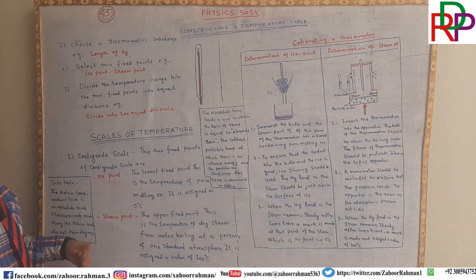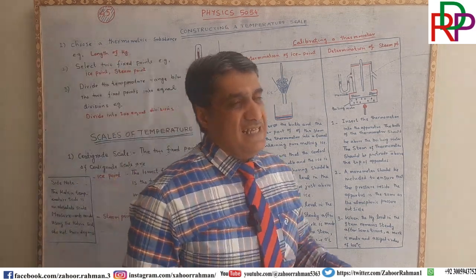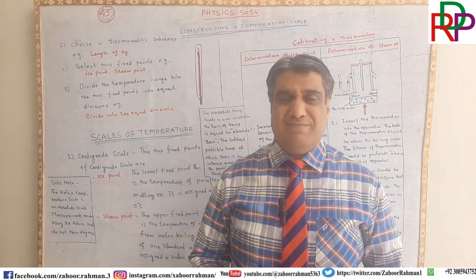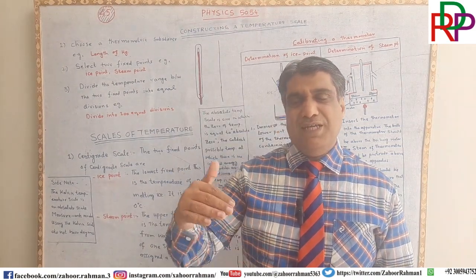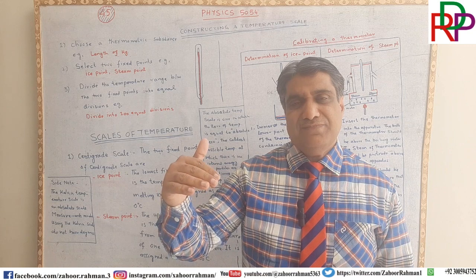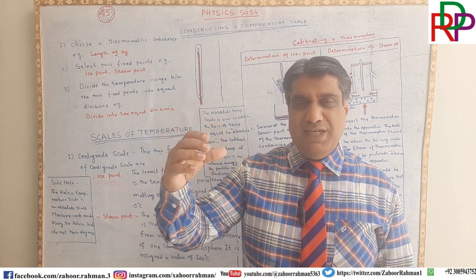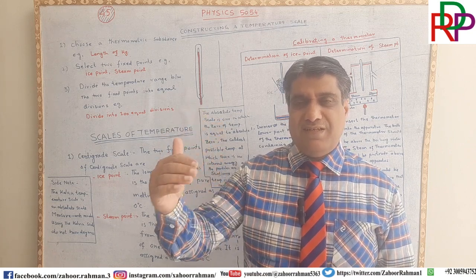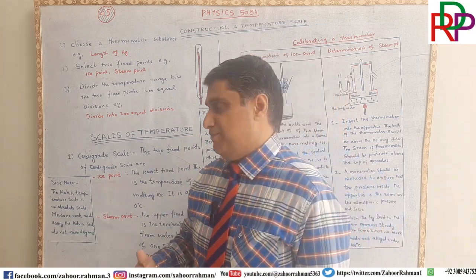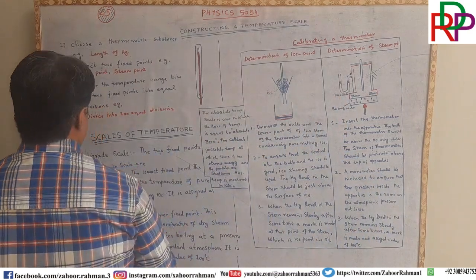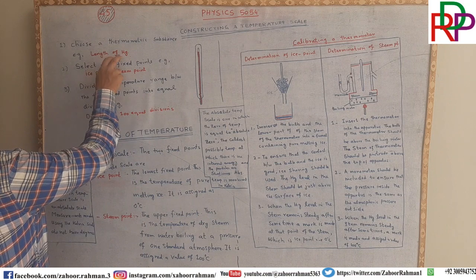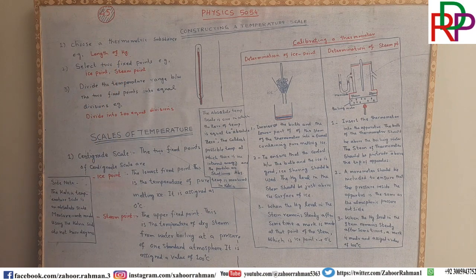You should select such a substance which is uniformly expanding and uniformly contracting, and that is the best property of mercury.